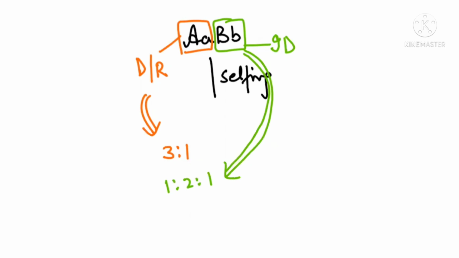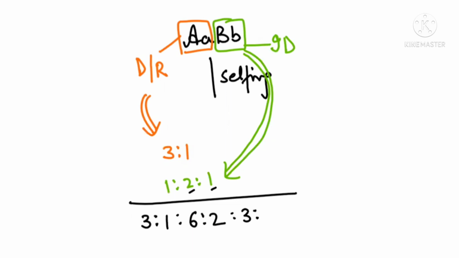Now, how to find it for both? You have to just multiply. Do one thing: multiply 1 with this 3 and 1, so your answer will be 3:1, beta. Then multiply this 2 with both, then you will write 6:2. Then next you multiply this one, then you will write 3:1.